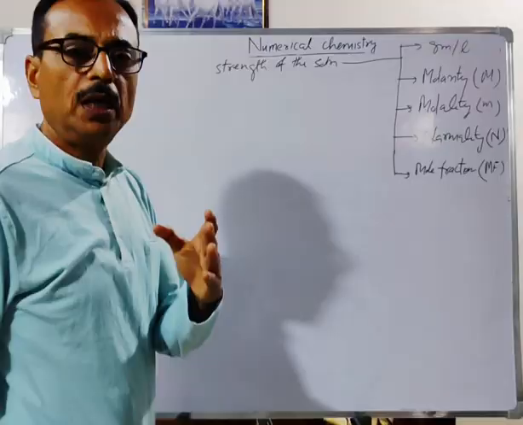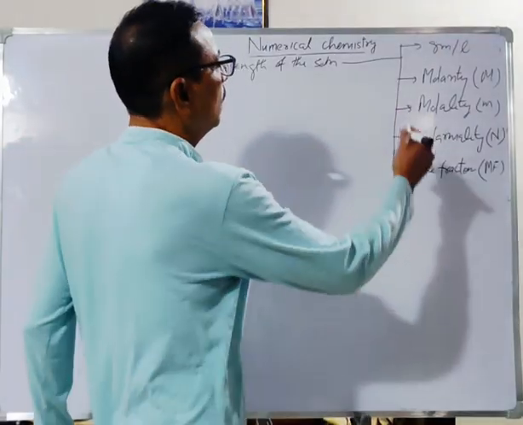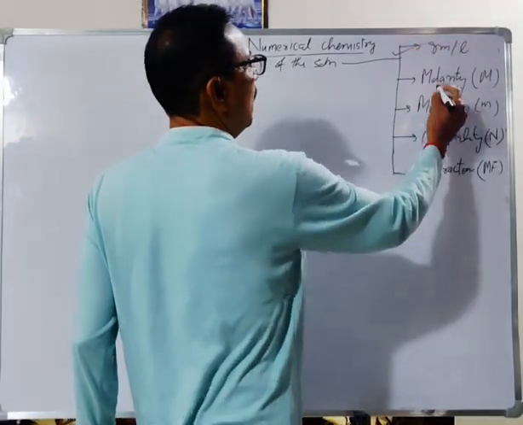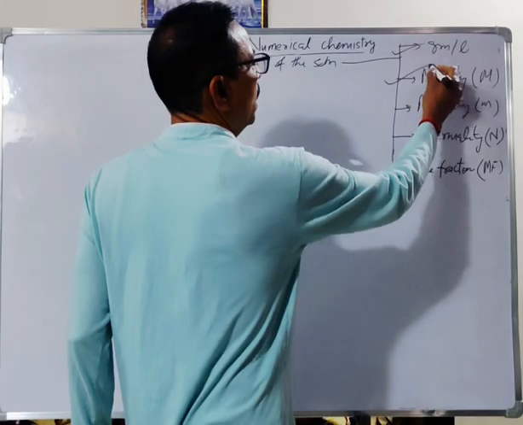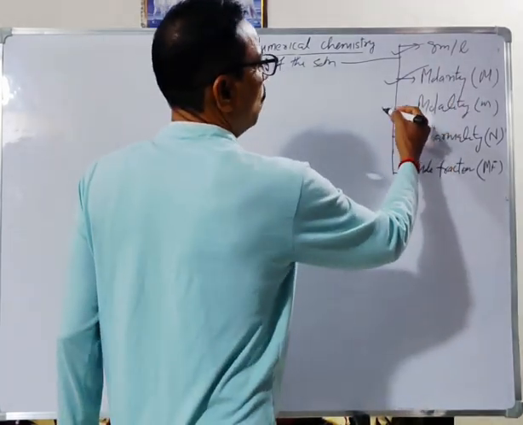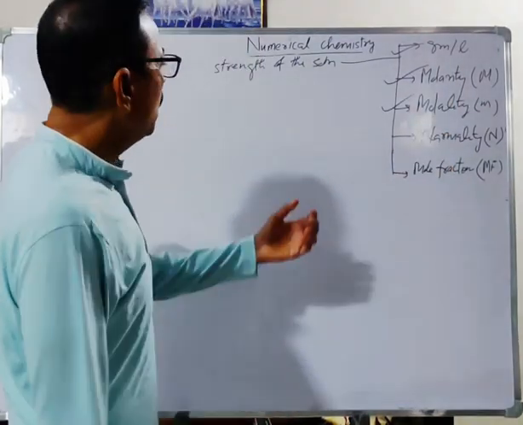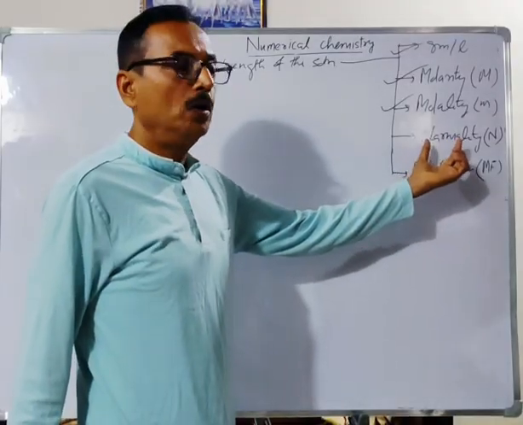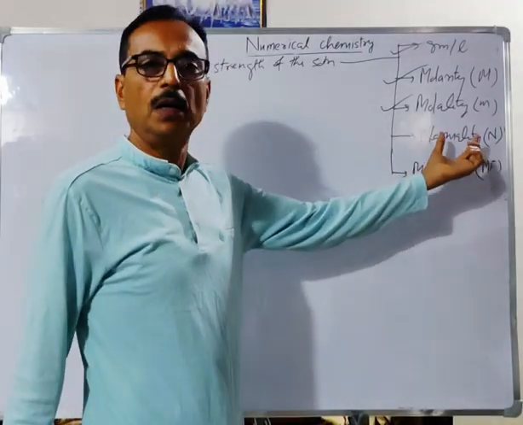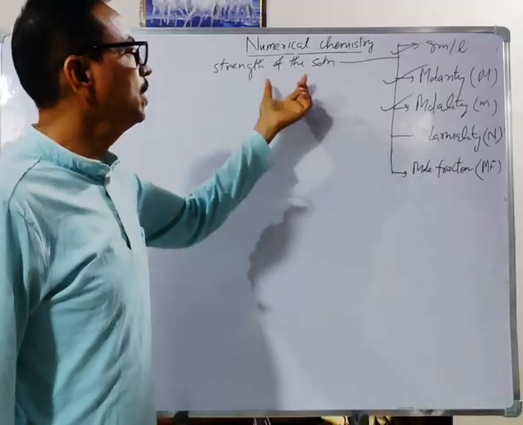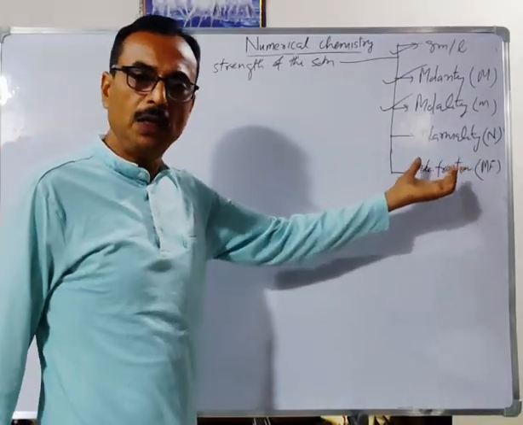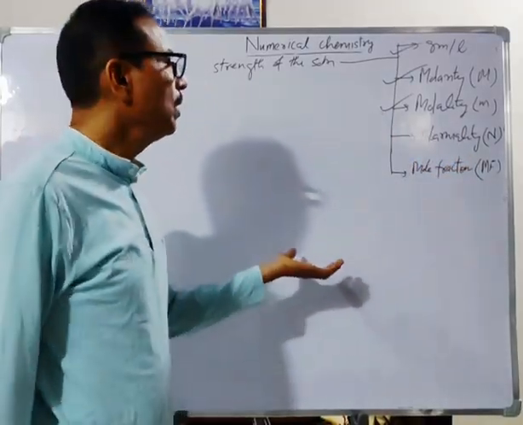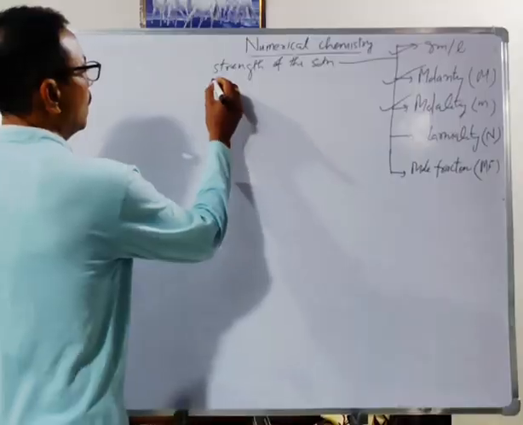So in previous lectures, you have seen gram per liter. What is molarity? How will you define molality? Now here I will give you some points about normality, how the strength is defined in terms of normality. What is normality?